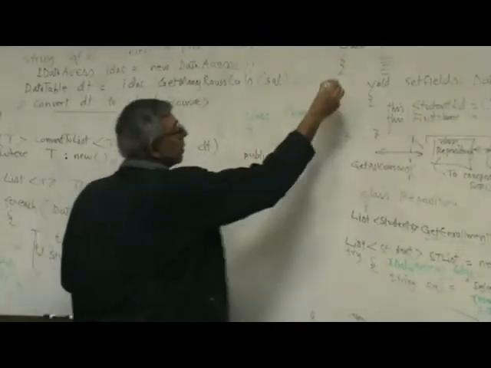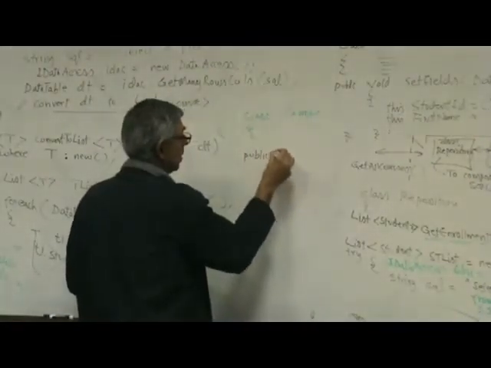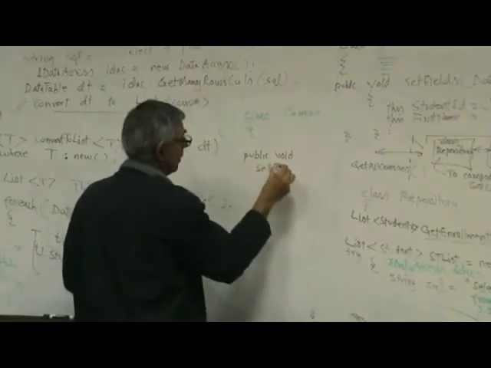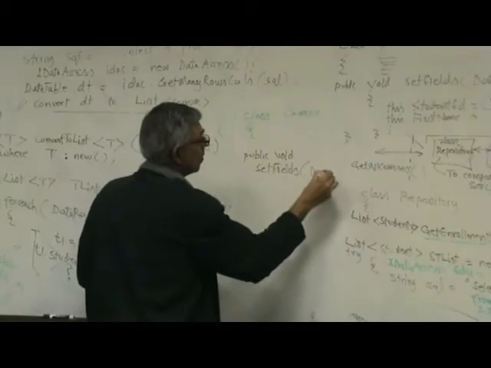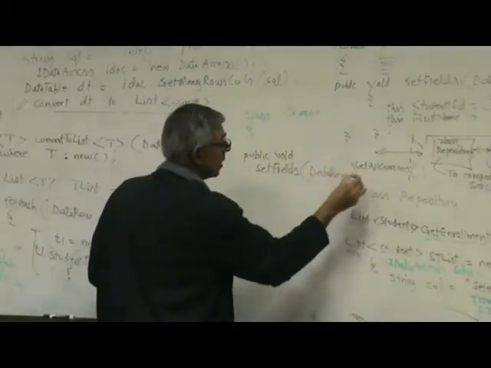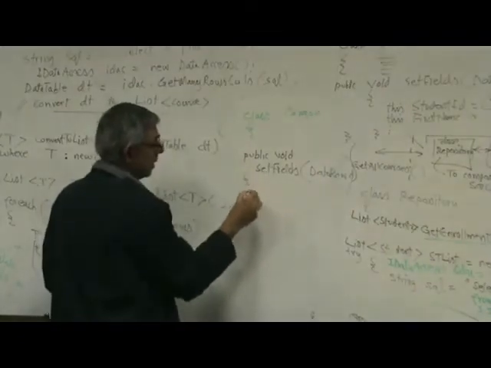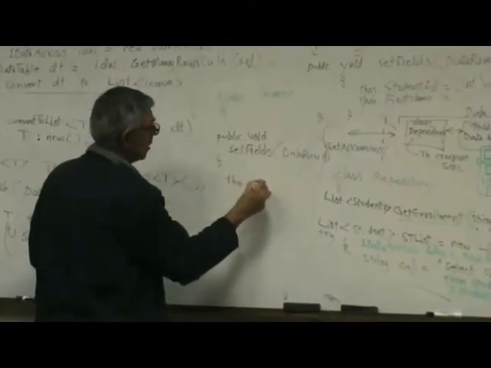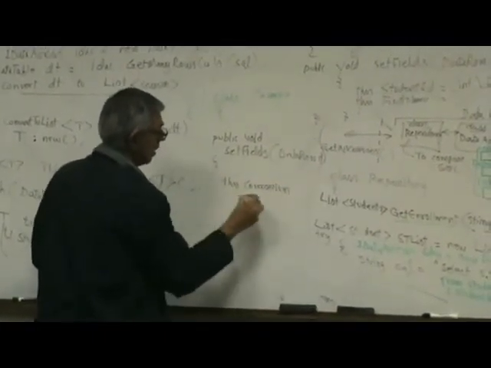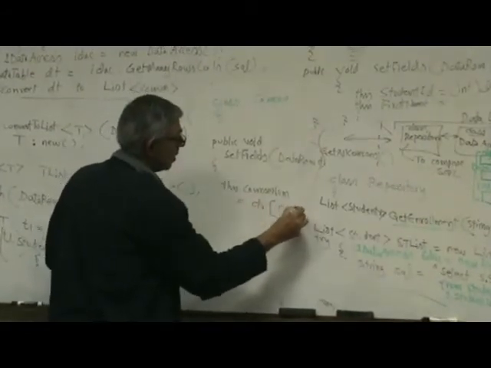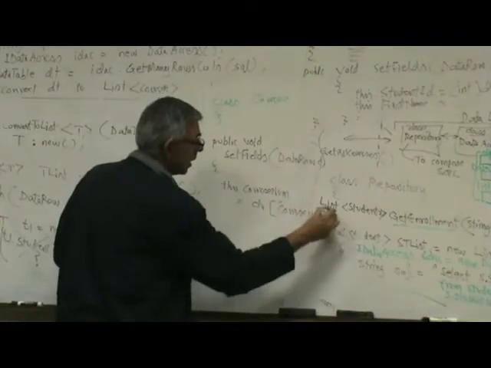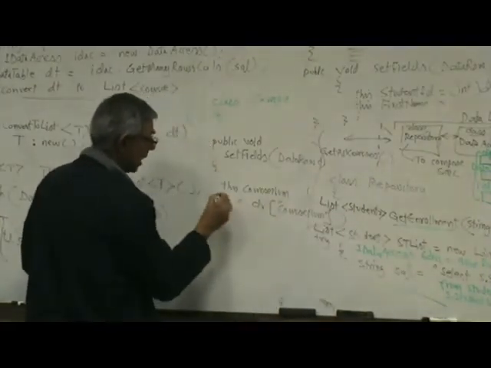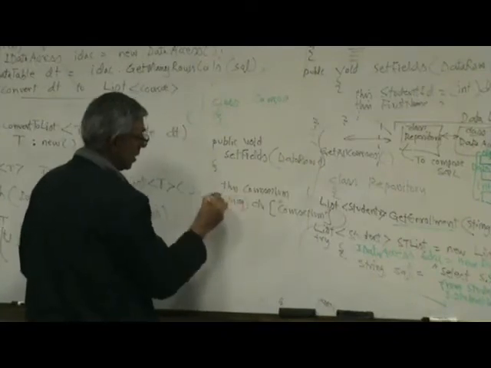To also write a method called, I forgot public, so public void setFields, data row dr, and again this.courseNum equal to dr of courseNum, and if it is a string, you will typecast it to a string, right, and so on.